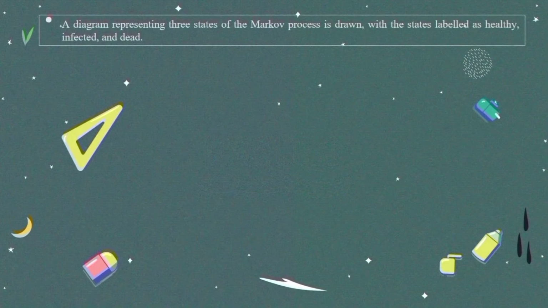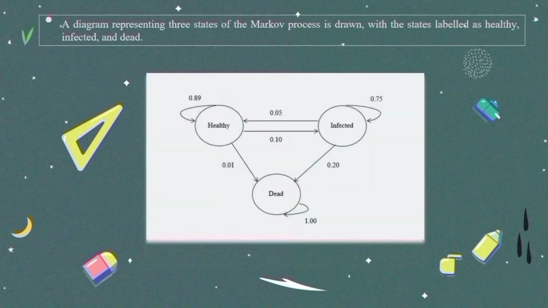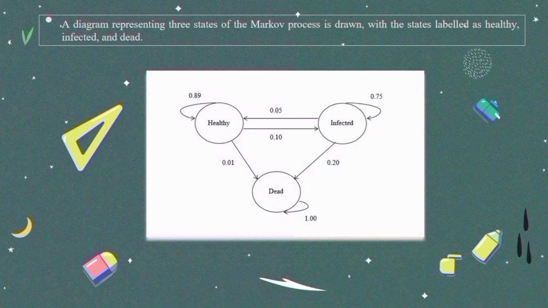For result, the diagram representing 3 states of the Markov process is drawn, with the states labeled as healthy, infected, and dead.